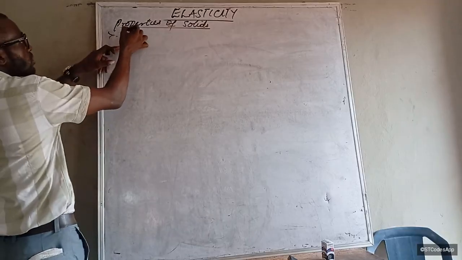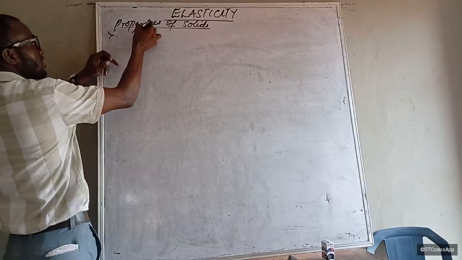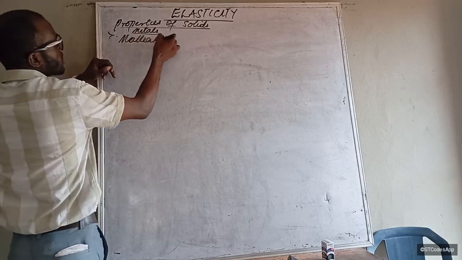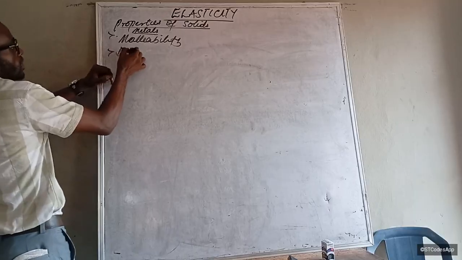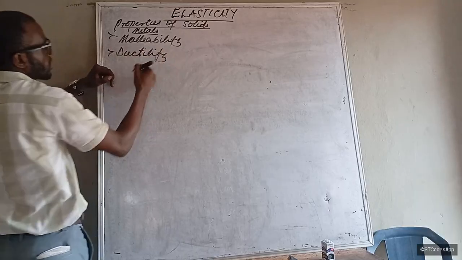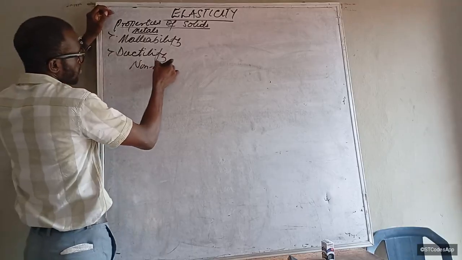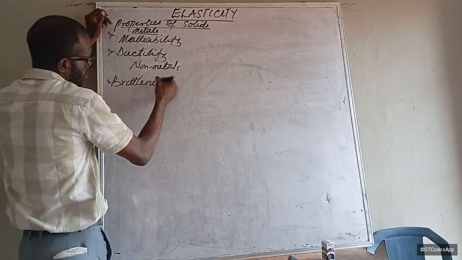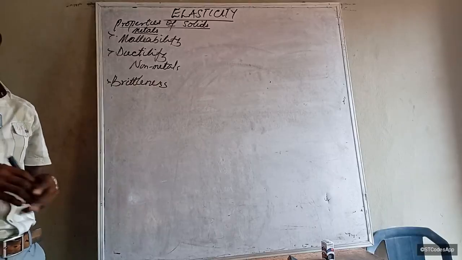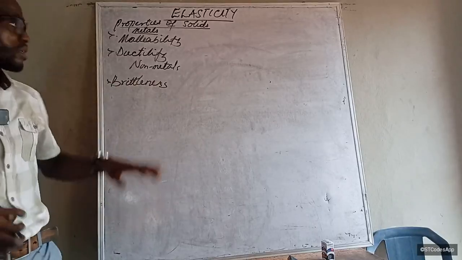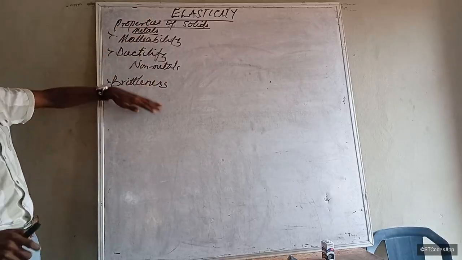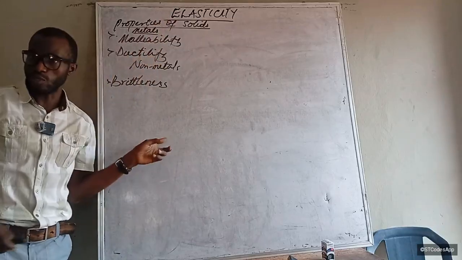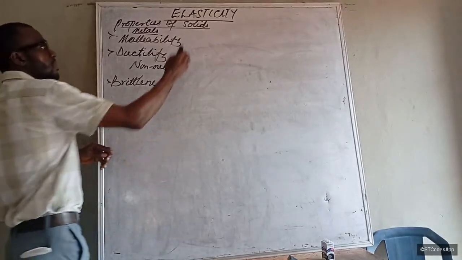The other properties include, for metals, and this one is specifically for metals, malleability, ductility, then the ones that are for non-metals, we now have brittleness. You know, they ask this question one year about brittleness, so I want to explain the difference, the meanings. All these are properties of solids: elasticity, malleability, ductility, and brittleness. What's the difference between them?